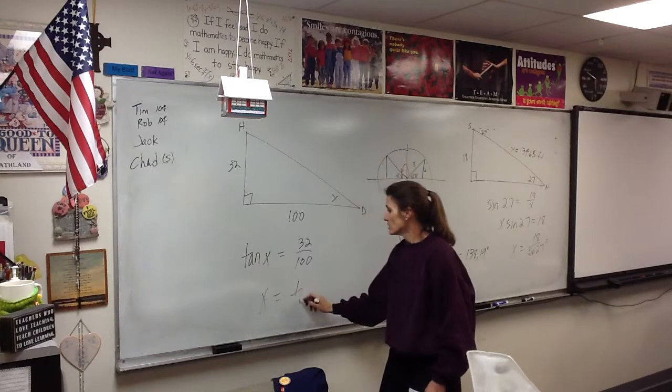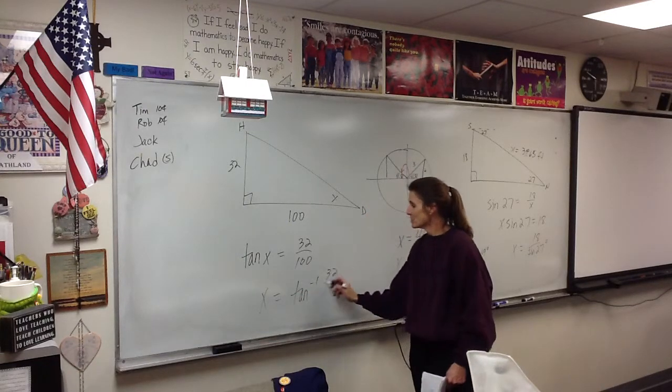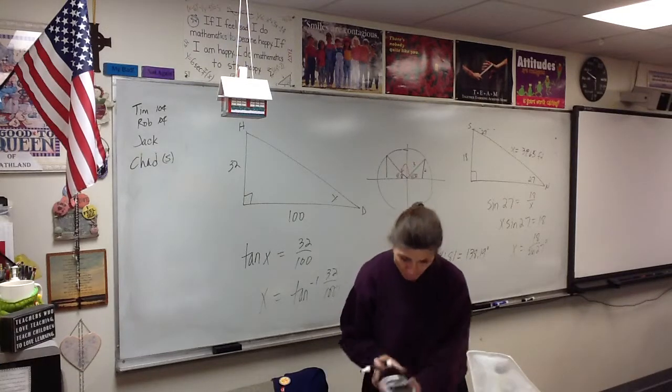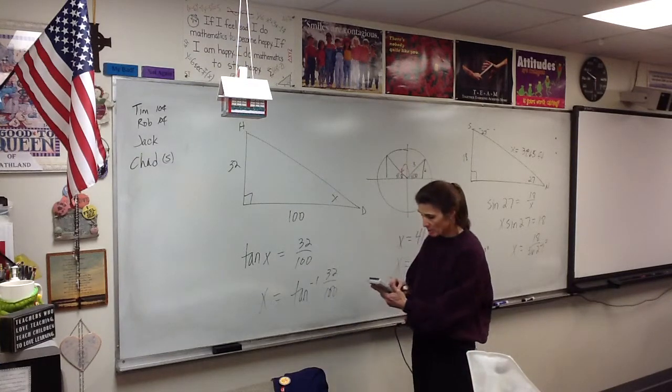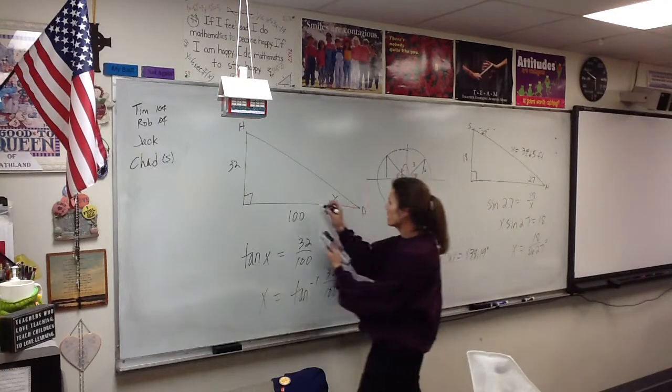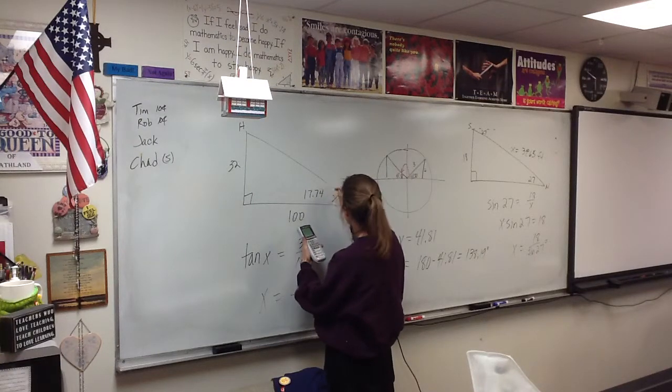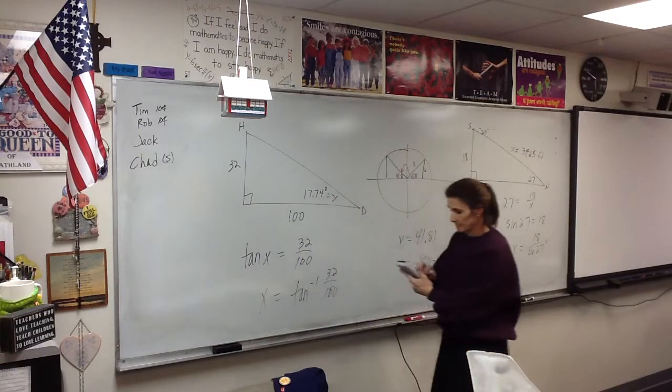So x equals the angle whose tangent is 32 100ths. So I will go to my calculator, second tangent, 32 100ths. And that angle of elevation is 17.74 degrees.